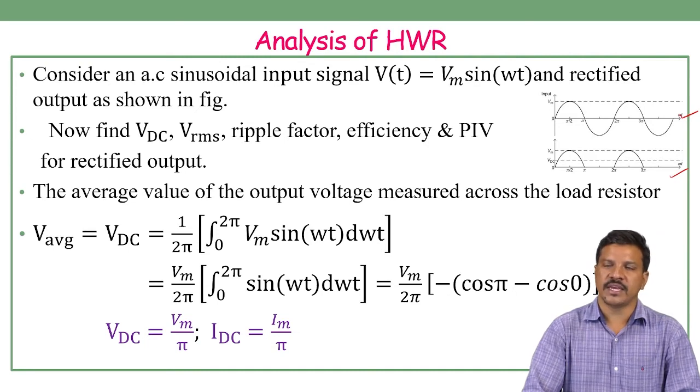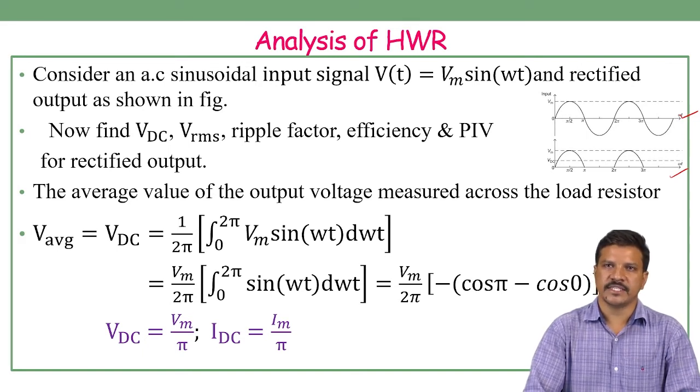How can we say that this half-wave rectifier is best for rectification? From mathematical analysis, we can determine whether the rectifier is best suited for rectification or not. Now we will see that.